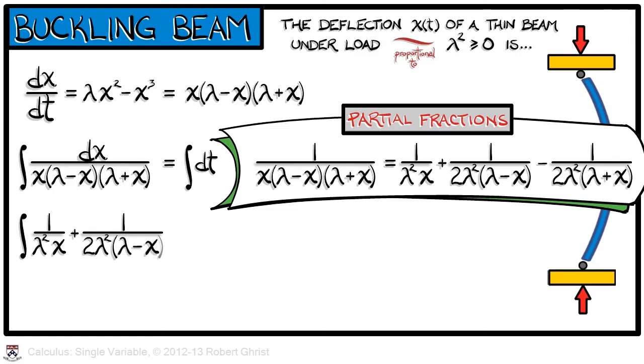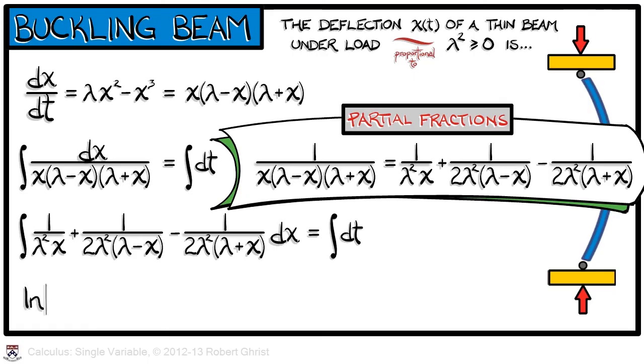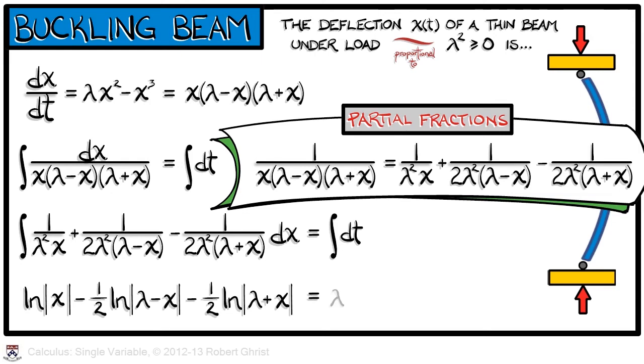So that when we perform the integral, we get a collection of natural logs with coefficients in front, namely log of x minus 1/2 log of lambda minus x minus 1/2 log of lambda plus x equals lambda squared t plus a constant, where I've moved the lambda squareds to the right-hand side for simplicity.